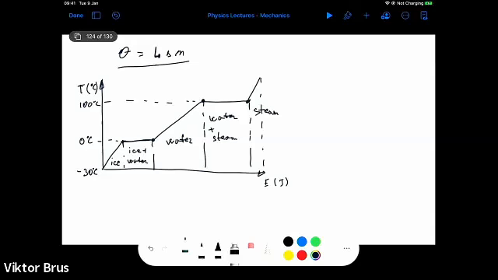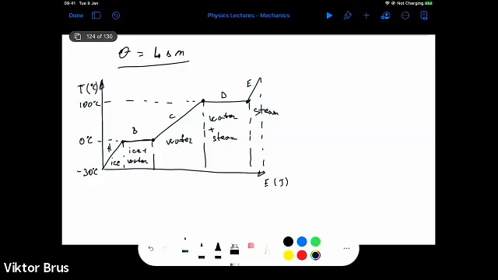So each of these segments behaves differently and is defined by different features. Let's call them A, B, C, D, E segments.